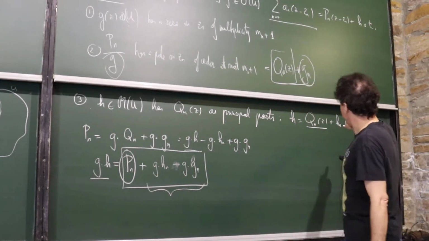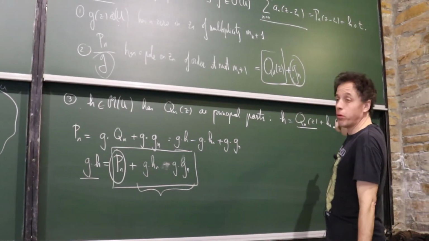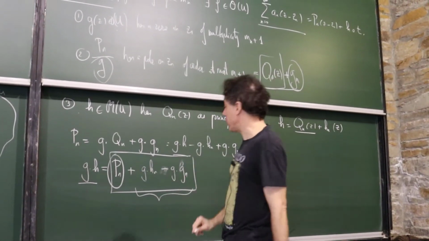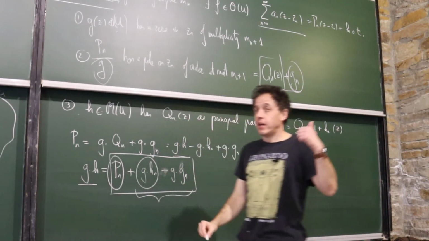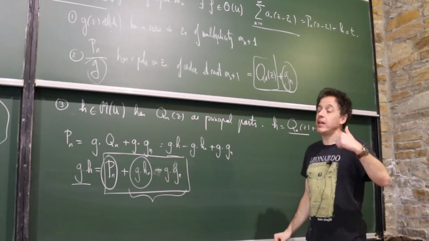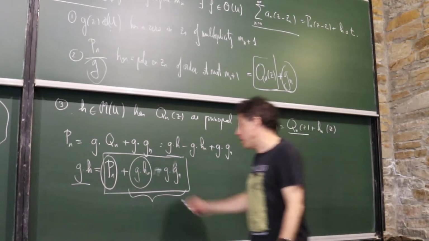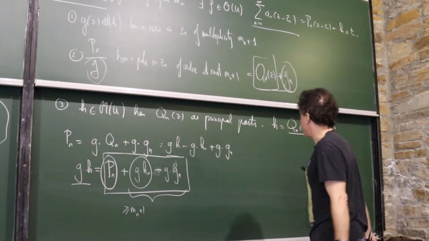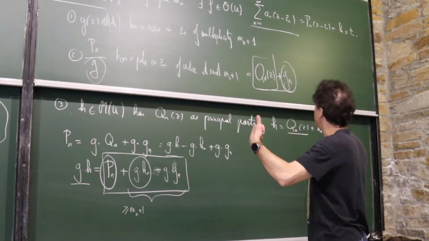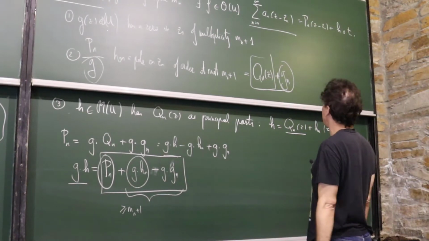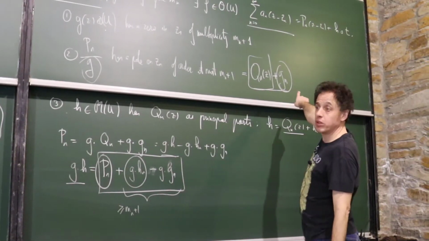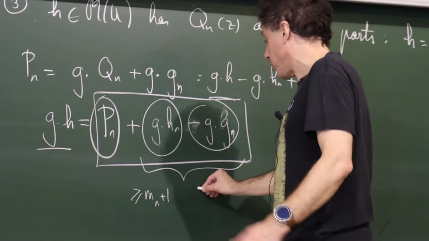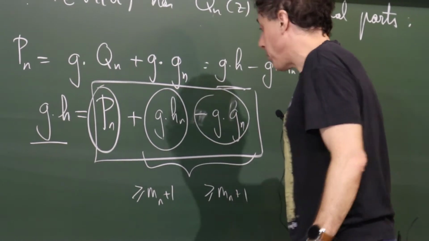Okay, Hn is holomorphic, and G has a zero of multiplicity m plus 1. So this function here has in Zn a zero of multiplicity at least m plus 1. And G times Gn must be more or less the same. G has a zero of multiplicity m plus 1, and Gn is holomorphic around Zn. So this term also has a zero of order at least m plus 1.